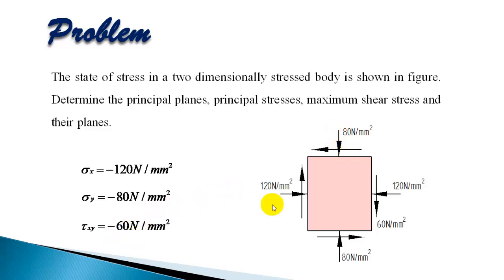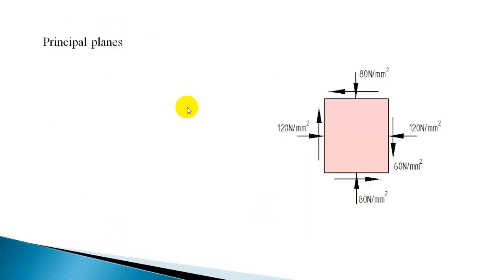Now let us find out the principal planes. Principal planes you can find out using the expression tan 2 theta p is equal to 2 tau xy divided by sigma x minus sigma y. Here tau xy is minus 60, sigma x is minus 120 and sigma y is minus 80.